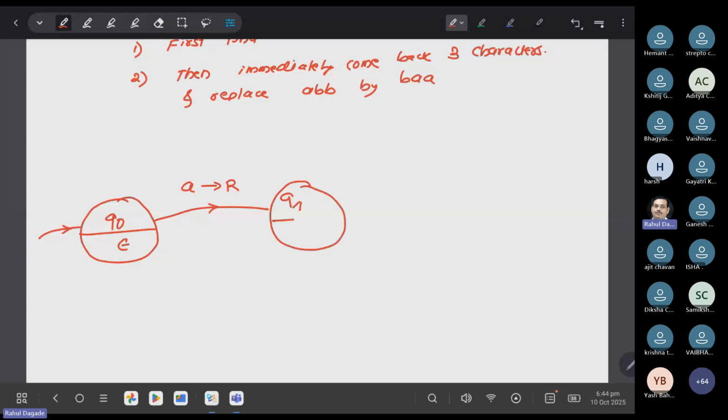It indicates that I got A. Now in Q1 state, if I get B, I'll move pointer to the right, come to Q2 state, which indicates I got AB. And in Q2 state, if I get B, go to the right.